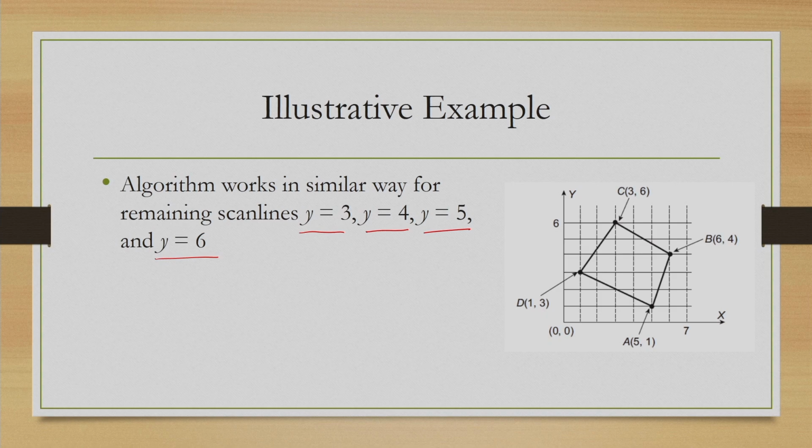So, to summarize here in this scan line polygon fill algorithm, what do we do? We assume a geometric representation of the region, polygonal region in terms of edges or vertices.